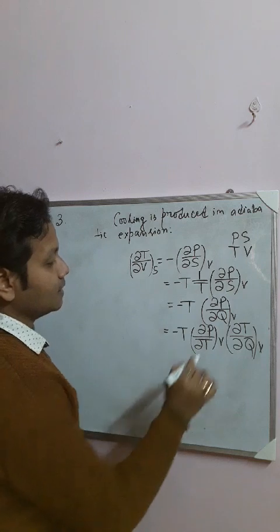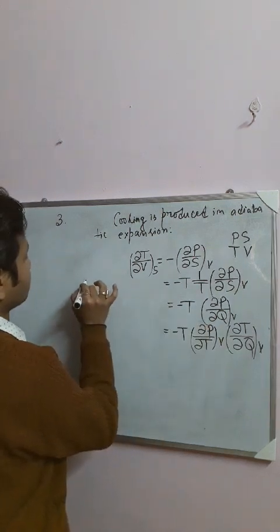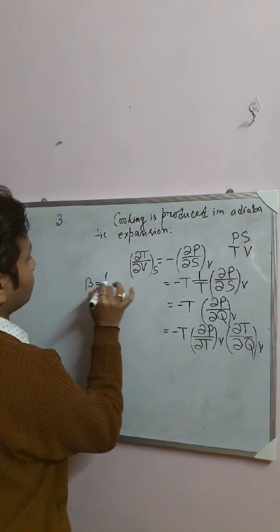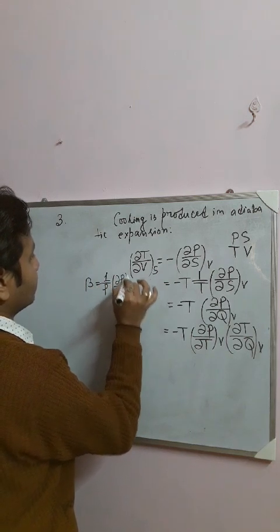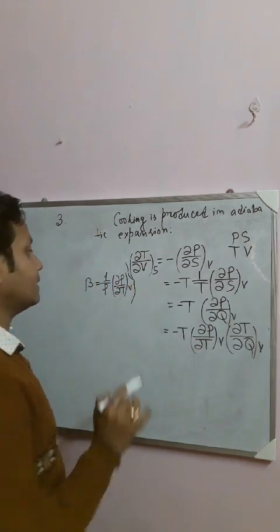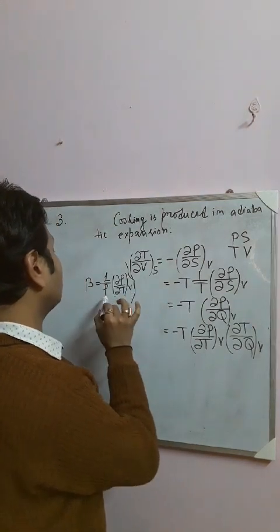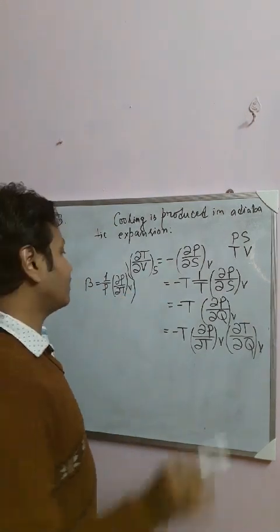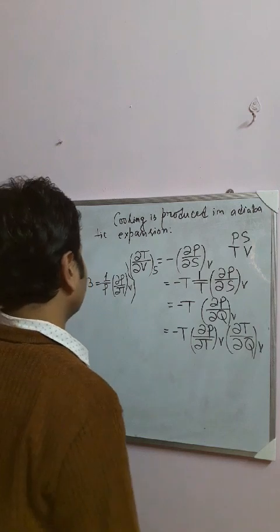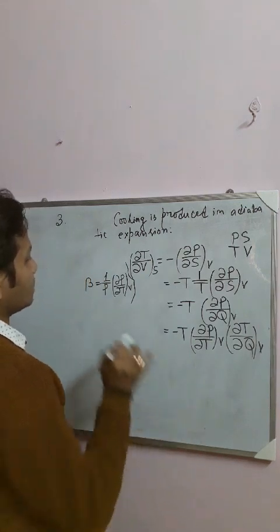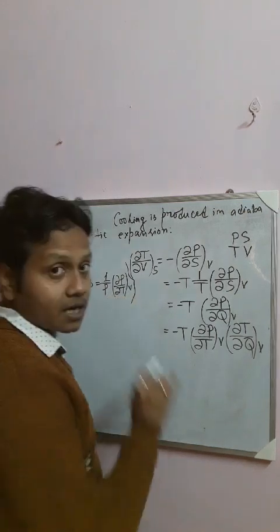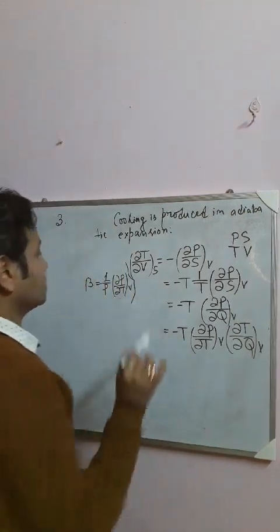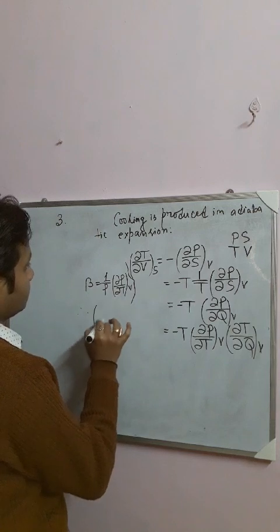And what is this del P del T at constant volume? This is the pressure coefficient, that is beta P equals 1 by P del P del T at constant volume, the increase in pressure per unit rise in temperature keeping volume constant. So this is positive.